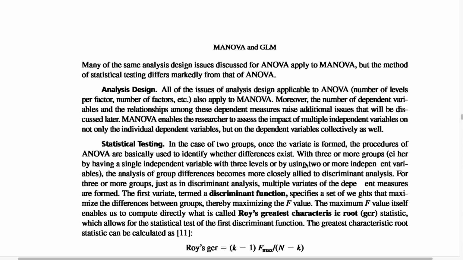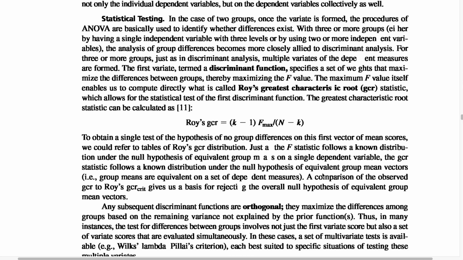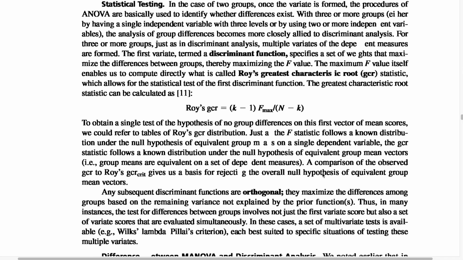The greatest characteristic root statistic can be calculated as Roy's GCR = (k - 1) F. This is the formula used while testing the statistic.